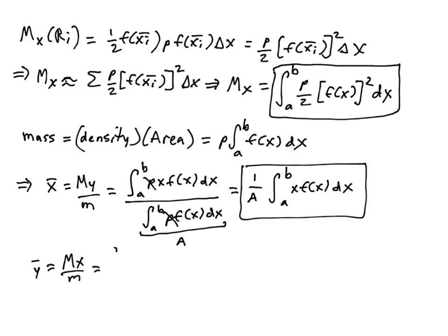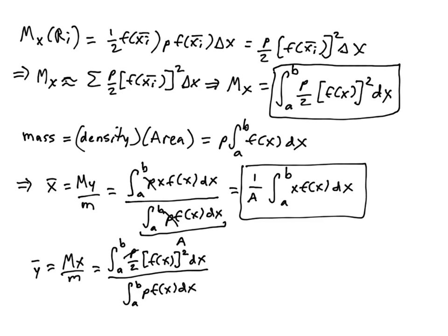So this is equal to the integral from a to b of, remember we have a rho over 2, and then we have this guy right here, which is the function squared, and then dx divided by the mass, which would be rho times f of x dx.